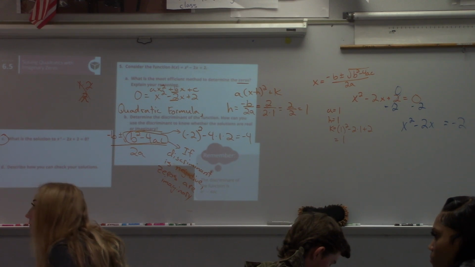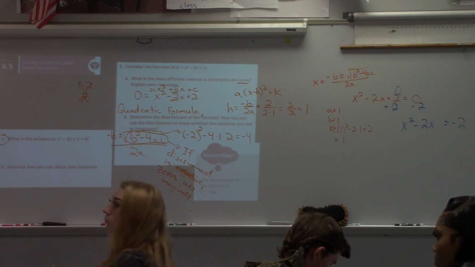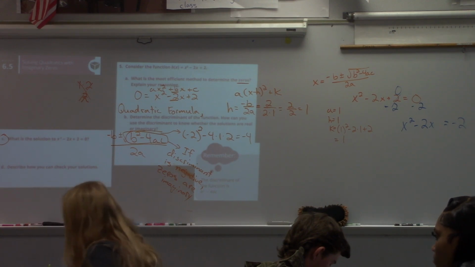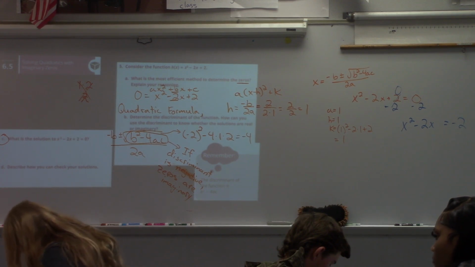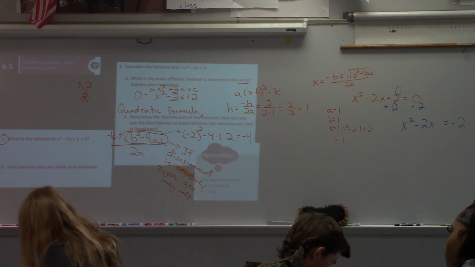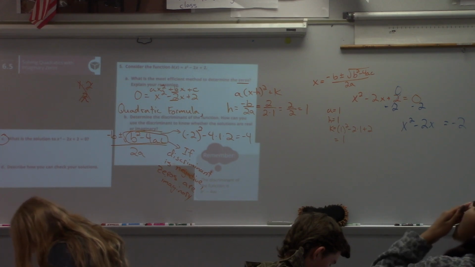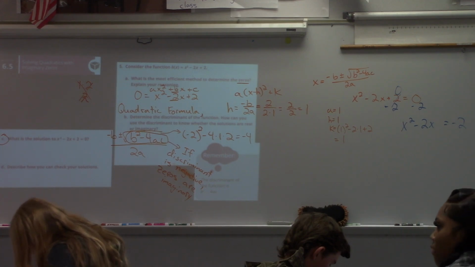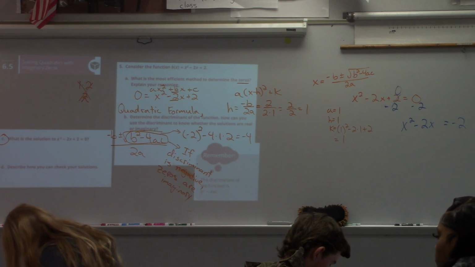Don't forget, you can take the extra steps. I recommend it, of rewriting this as the square root of. If I'm dealing with a negative 4, what number should I immediately think about? I'm going to try to get to i, but what number do I need in my radicand to have i? I want that negative 1. Negative 1 times what gives me 4?